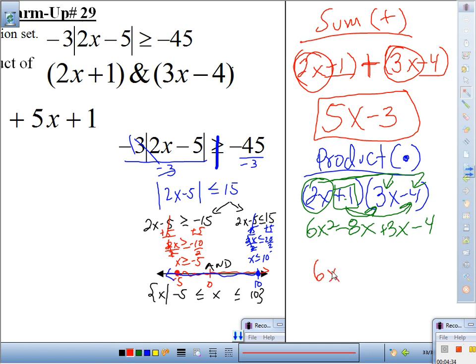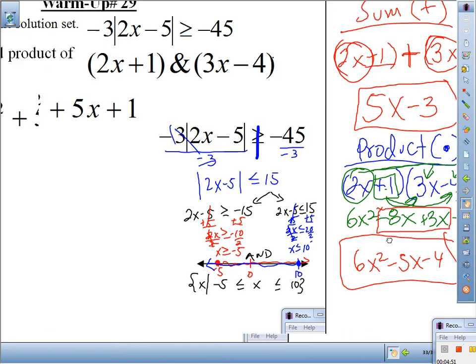Bring down the 6x squared, combine these, -8x plus 3x, that's -5x minus 4. And that's our product. And we got that? Okay, good.